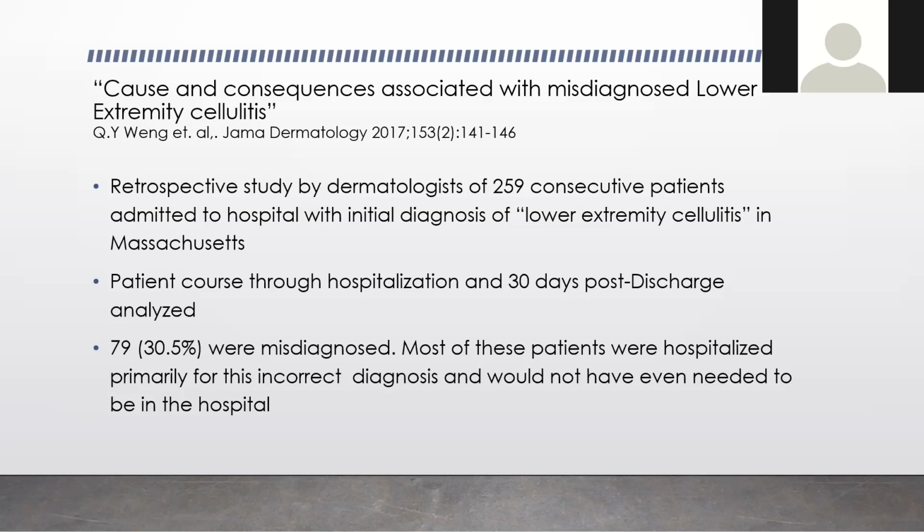They found 30% of these patients were misdiagnosed with cellulitis, and for most of the diagnoses they actually had, they did not need to be in the hospital. Next slide.